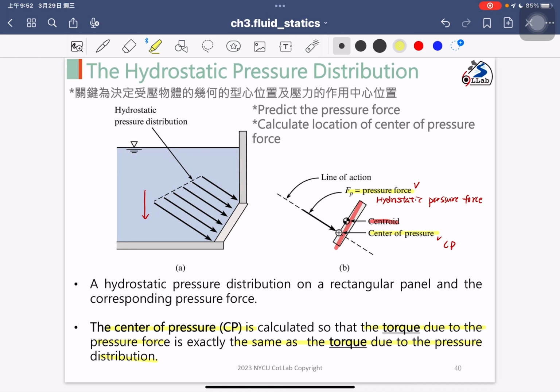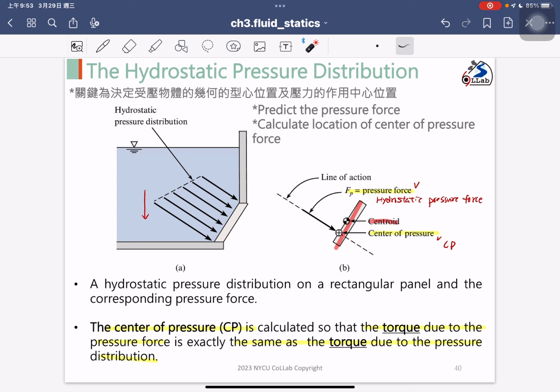The moment caused by the FP at the center of pressure point will equal the moment caused by all the pressure distributions.